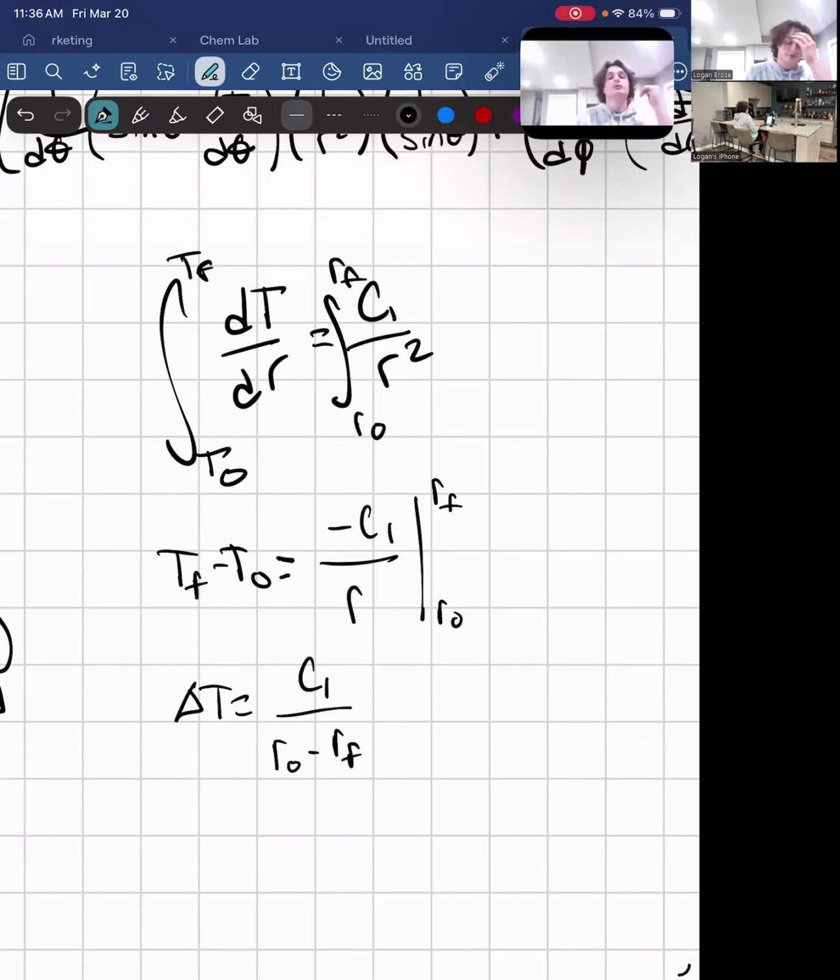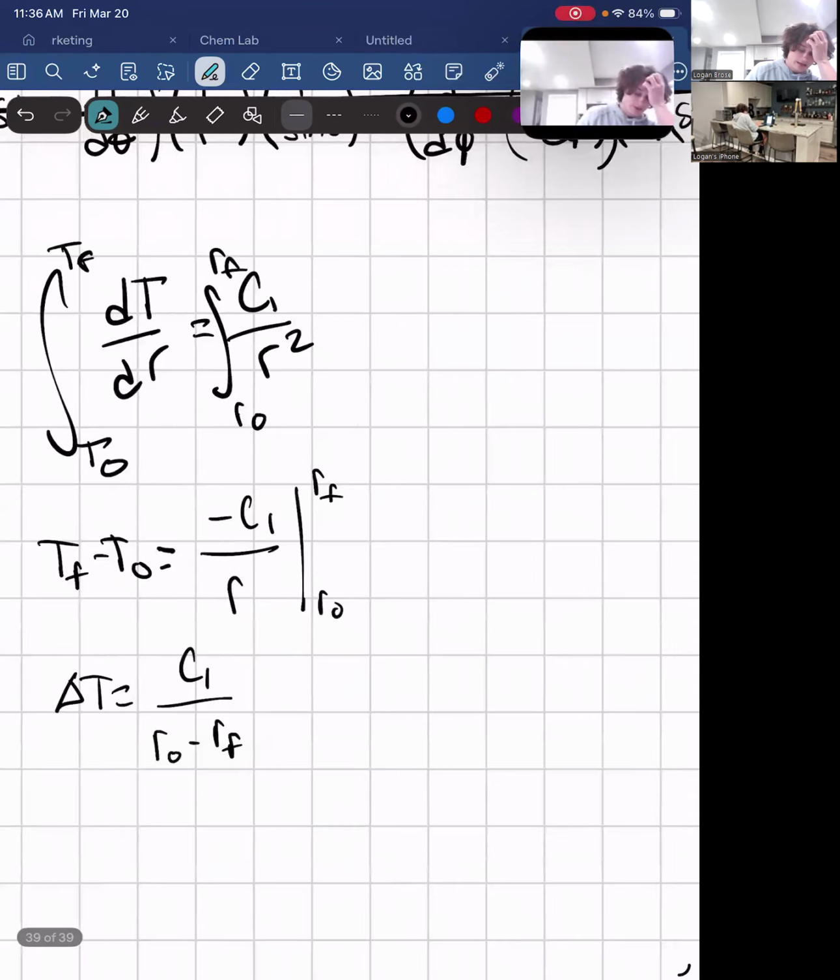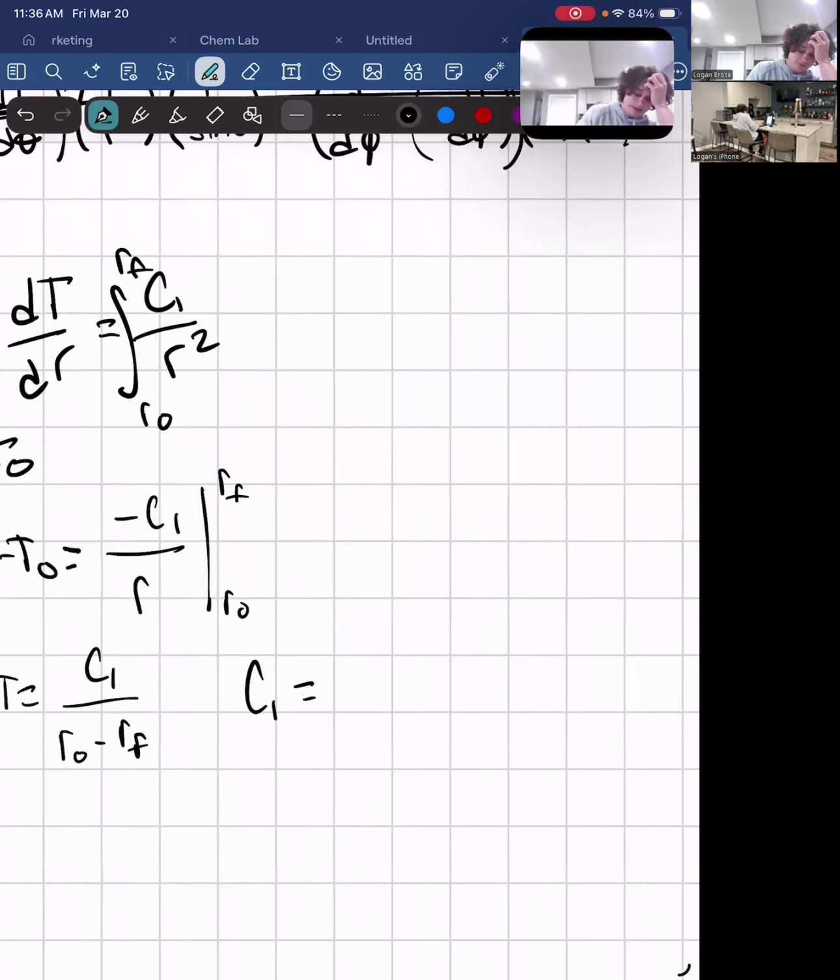And then we can solve for C1 here and we'll get that C1 equals delta T over 1 over R naught minus 1 over R final.